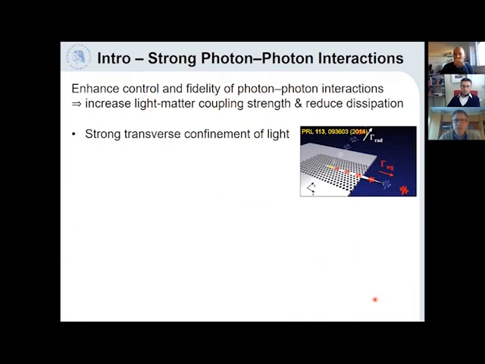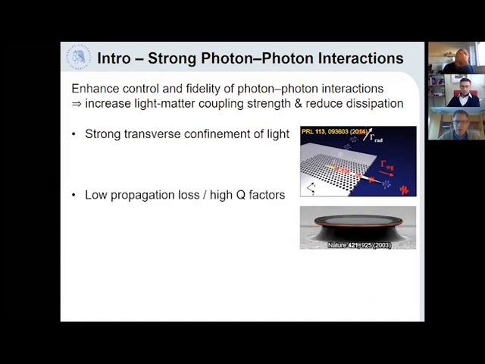And to increase this light matter coupling strength can be achieved by still more strongly transversely confining the light, for example, using photonic crystal waveguides as shown here. You can use resonators where the light is kept for a long time, which feature high quality factors.